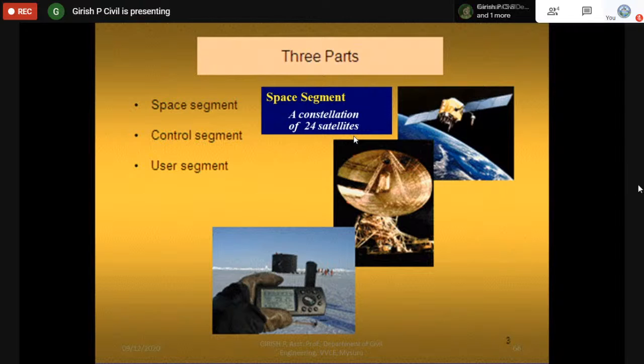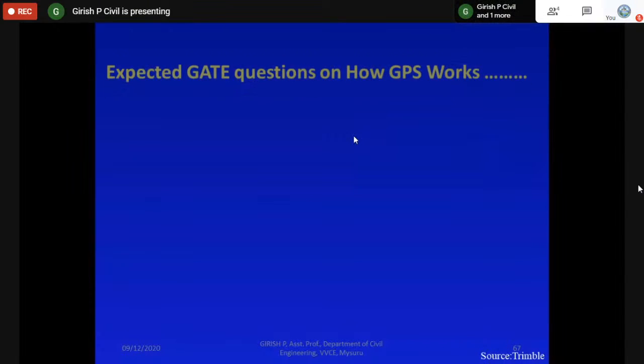And then the user segment includes what type of portable GPS we use for collection of data. These are the three parts: space segment, control segment, and user segment.